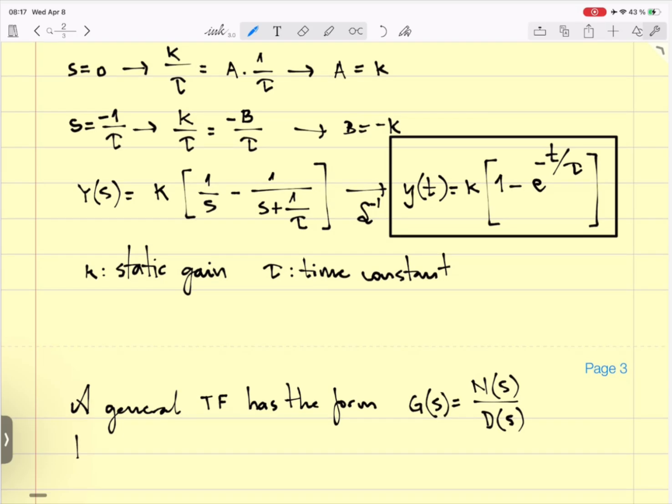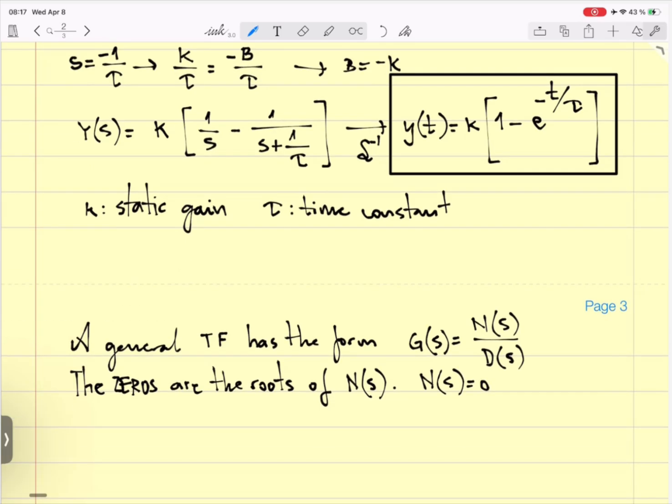So the zeros are the roots of the numerator, so n of s equals 0. The poles are the roots of the denominator, d of s equals 0.